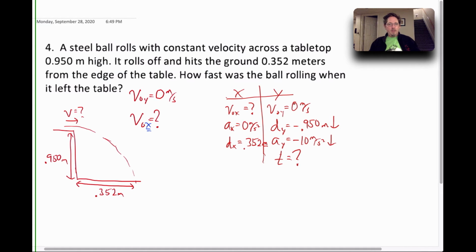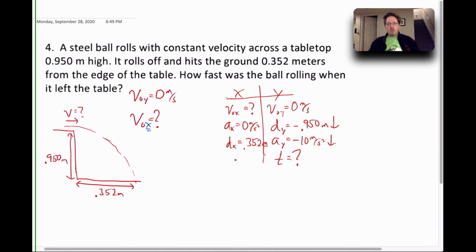So notice we have all the givens we need to solve a problem on the y side, but it's the x side that we have an unknown. Side quest. We'll figure out the time, and we'll bring it over to the x side. So watch. I go displacement, velocity, acceleration, time. Which one of my equations has those 4 in it?